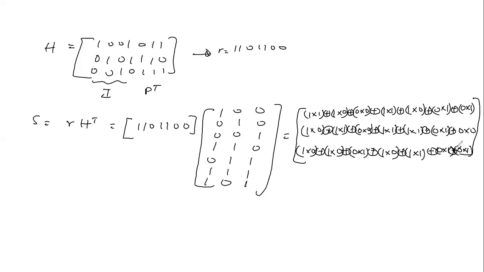So now that we have this, this will be the same as 1. This is 1 plus 0 plus 0 plus 1. That is 0 plus 0 plus 0 plus 0. So we have 0.